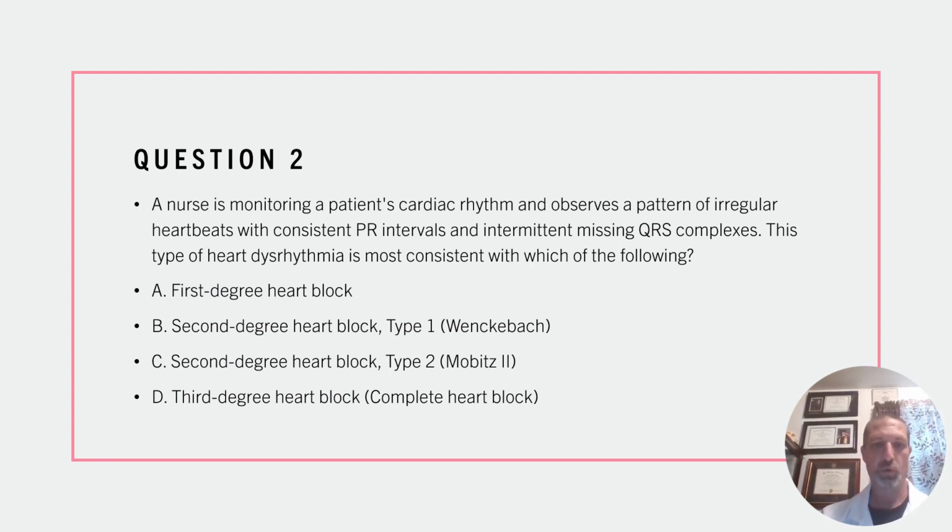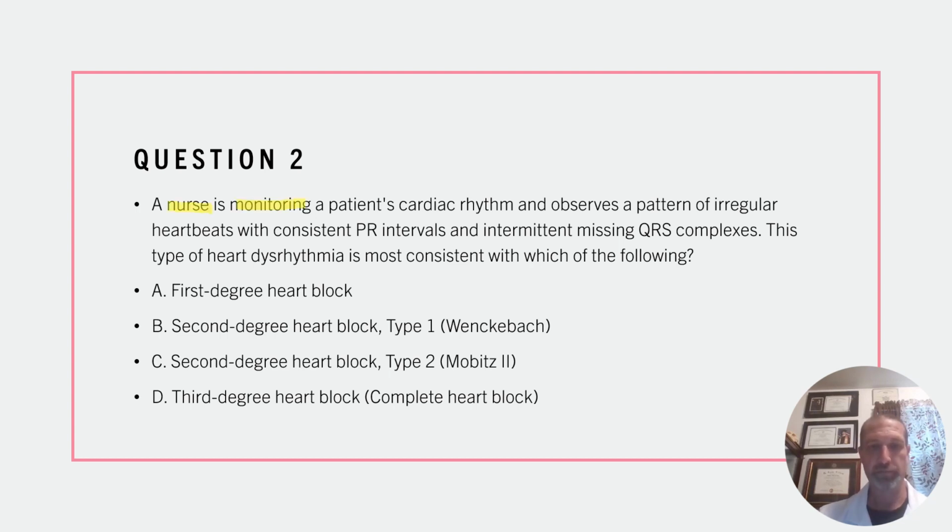Step 1, read the question. A nurse is monitoring a patient's cardiac rhythm and observes a pattern of irregular heartbeats with consistent PR intervals and intermittent missing QRS complexes. This type of heart dysrhythmia is most consistent with which of the following? Now, start looking at some of our keywords. All right, so we have a nurse. What are they doing?